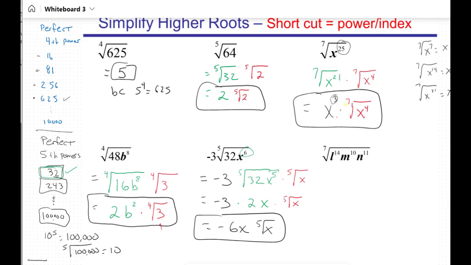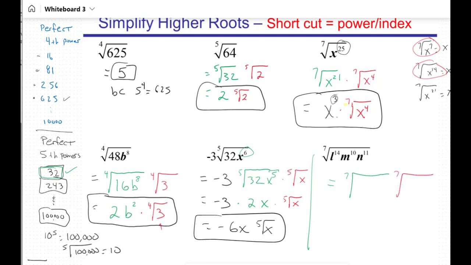Okay, one last one. Also, the last one is all variables. Now, I can do 14th powers, and I can do 7th powers. That's it. Seventh root only does 7th powers, 14th powers, and multiples of 7. And that means I can break this up. I can have a nice 7th root, and I'm going to have a seventh root of some leftovers.